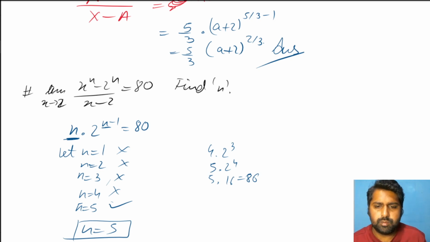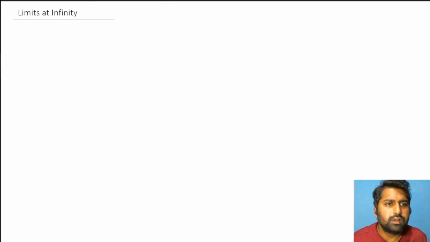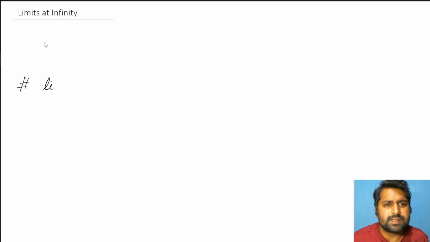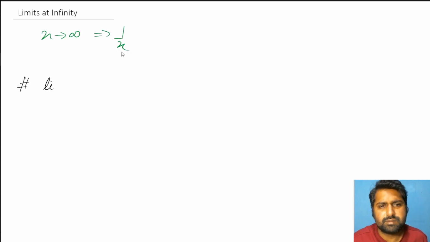Let's see one more. Limits at infinity means this time x will be tending to infinity. Let me give you the idea first. When x is tending to infinity, I can say 1 by x, now x is in the denominator, so 1 by x is like 1 by infinity.